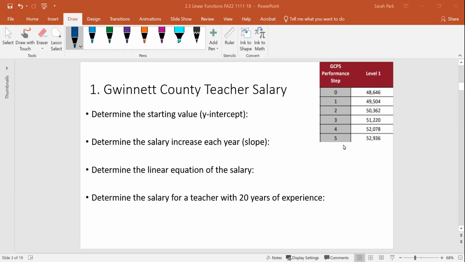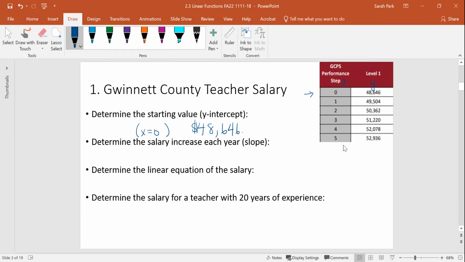Let's determine the starting value. When they first get the first teaching position, that is the y-intercept. So we know when they start, this is when x is equal to 0. Here's x and this is y, so they make $48,646.